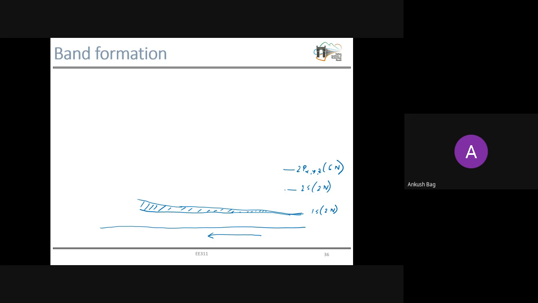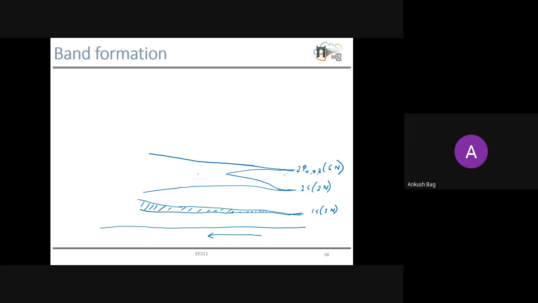Now in case of 2s and 2p electrons, it will also form this band. Once again it will form this band, but here we'll have mixing, mixing of 2p as well as 2s.